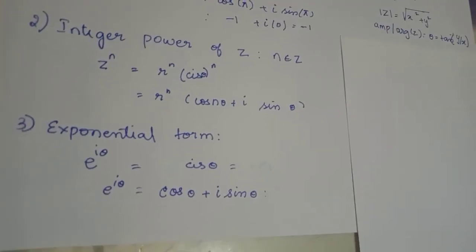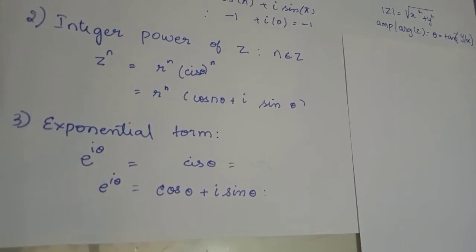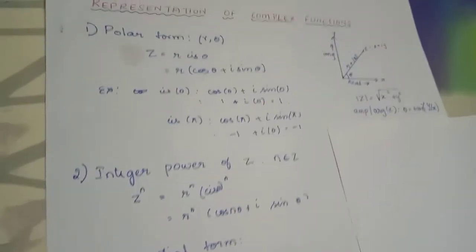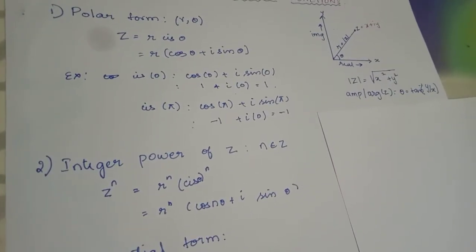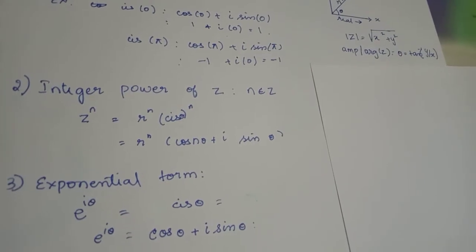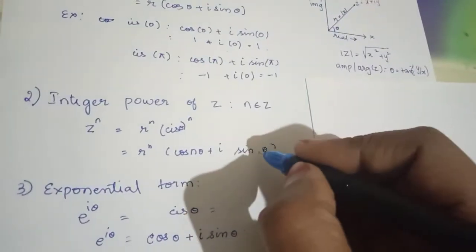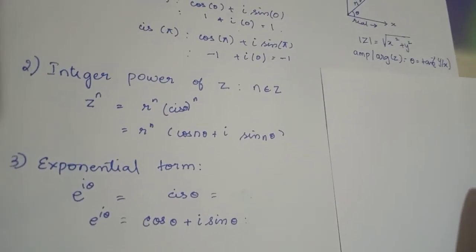Next comes the exponential form, e power i theta. E power i theta is nothing but cis theta, and cis is cos theta plus i sin theta. Now we have covered the three representations of a complex number. First is the polar form, which is z is equal to r cis theta, then the integer power of z, r power n into cos n theta plus i sin n theta, and the exponential form, e power i theta is equal to cis theta.